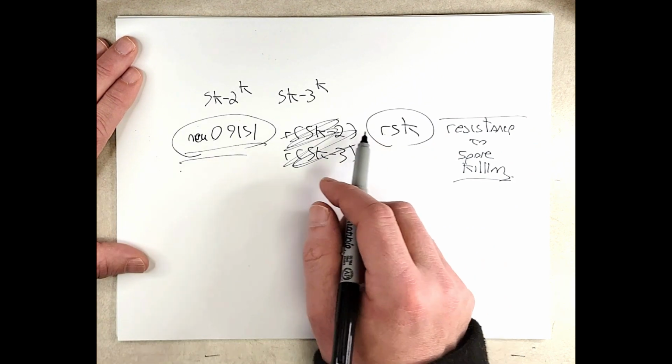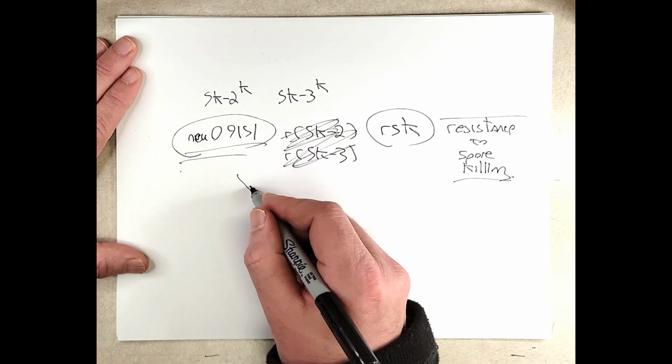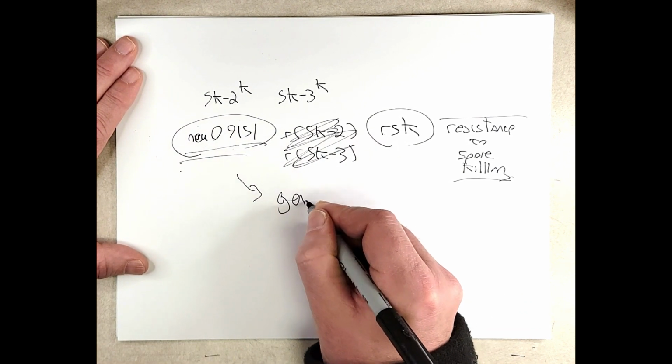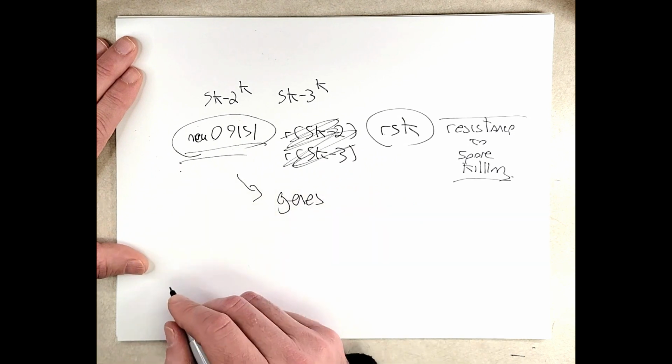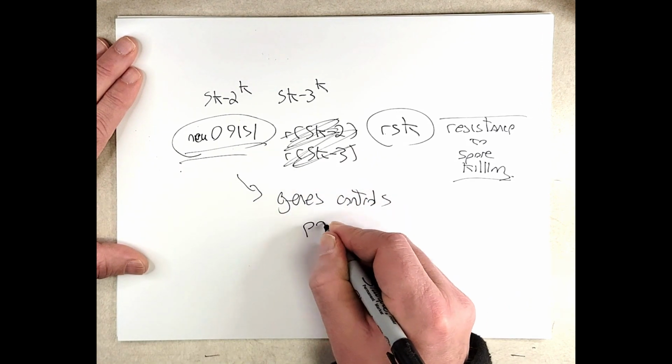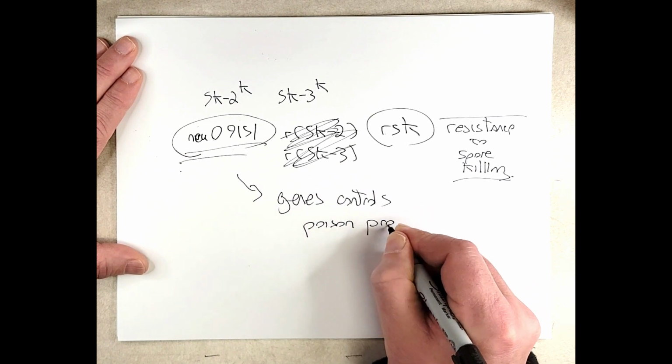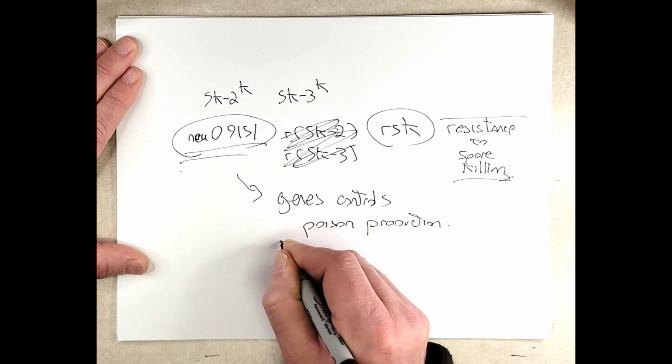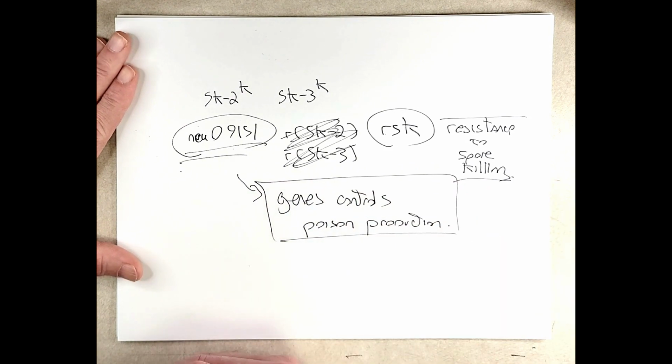And now this finding, the finding of RSK, is going to help identify the gene that controls poison production. And so we'll take a look at that in the next video.